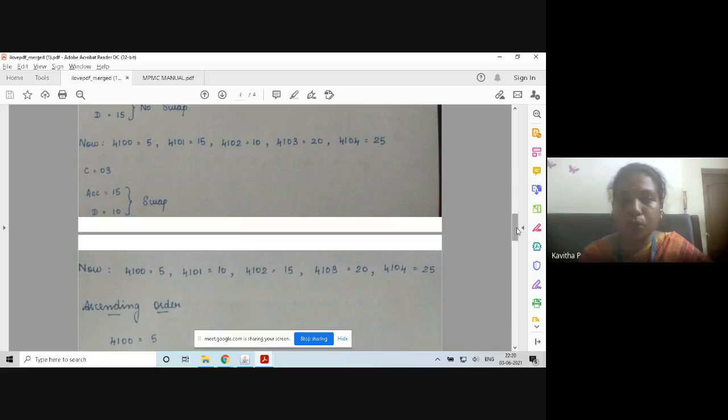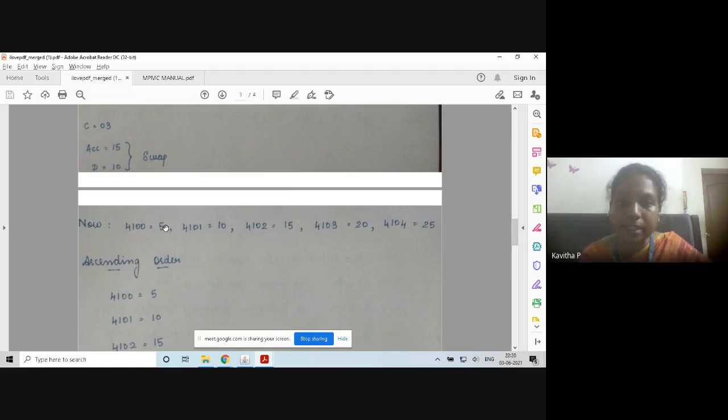After which we will further decrement the C register value to 02, and again the third and the fourth data will be compared. After which the C register will be further decremented to compare the fourth and the fifth data. And again we will decrement the B register, and we already have the numbers arranged in ascending order in this step itself.